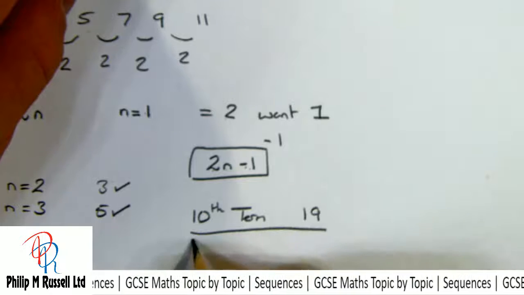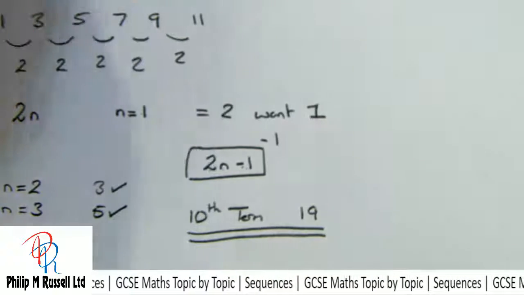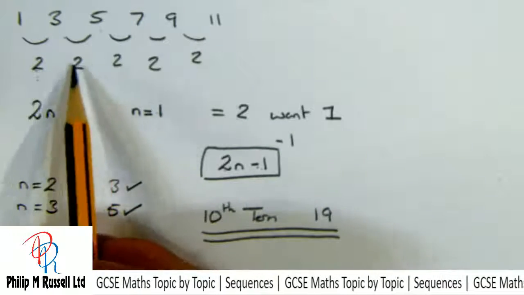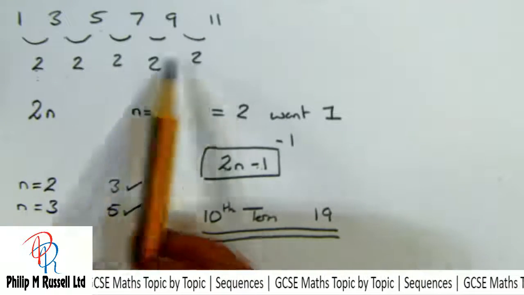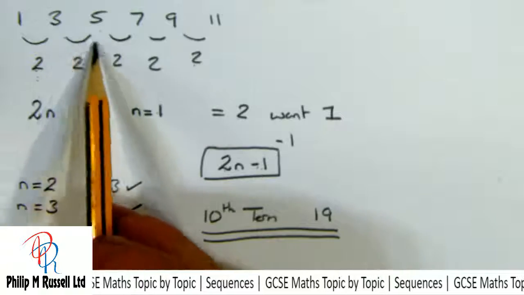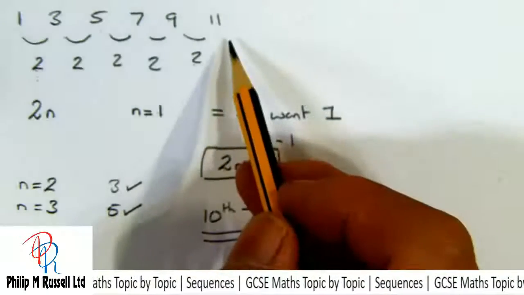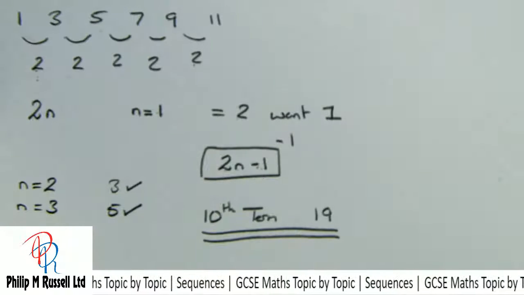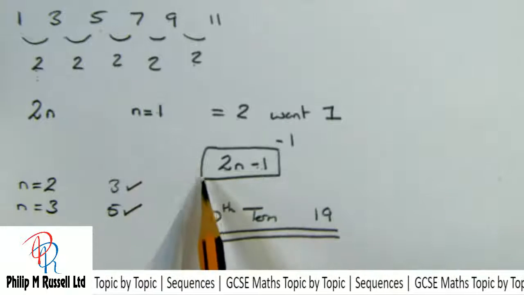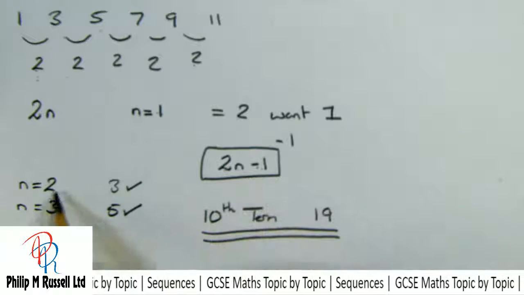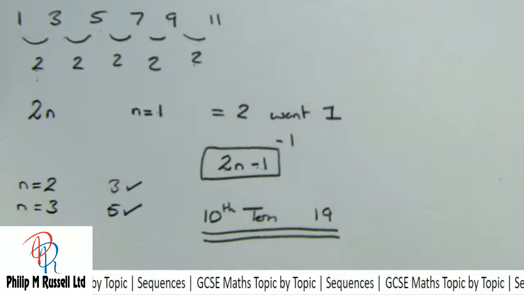And there we've got ways of working out various things with terms. So we can work out the common difference between the numbers, so we can work out what the next term is going to be, or we can work out what the nth term is going to be, and we can substitute numbers in there.